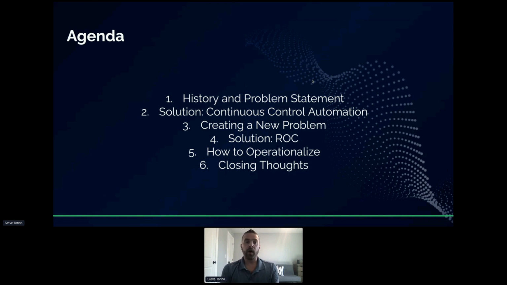We'll talk a little bit about what it is, how it differentiates from a security operations center, and some thoughts on how to operationalize that. Finally, at the end, I'll give some closing thoughts and also present an invitation for a document that we've put together here at CyberSane called the ROC Implementation Guide for anyone who's interested in reading a little bit more about these types of concepts.